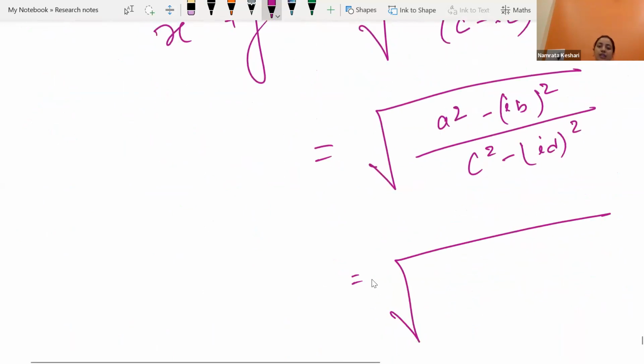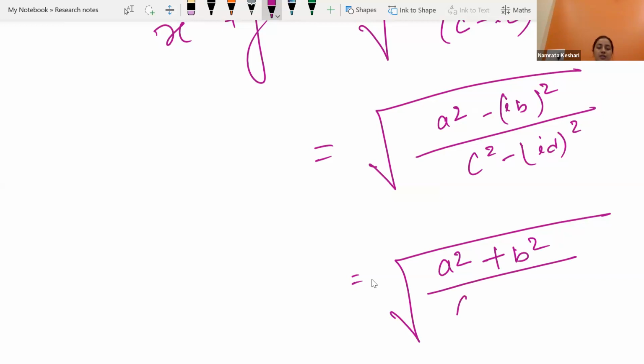We will be having a square, this i square b square, it will be minus of minus 1 and then b square, that means plus b square, over c square plus d square. Are you getting it?